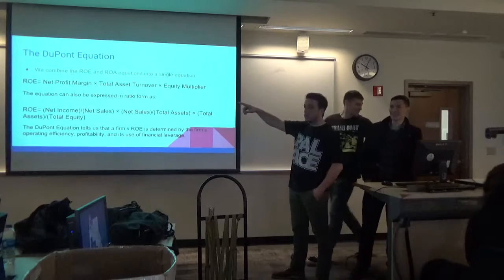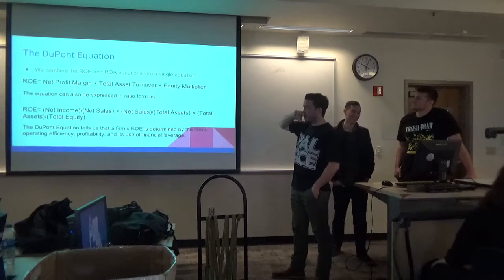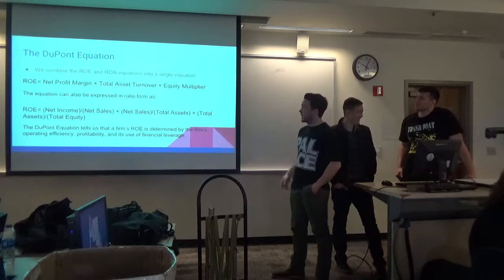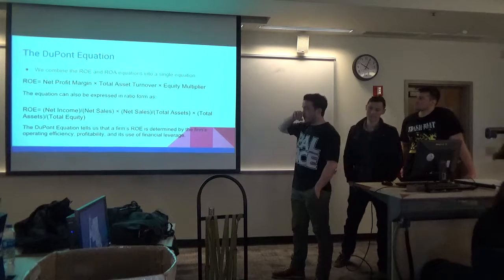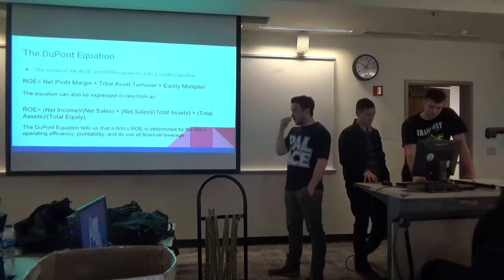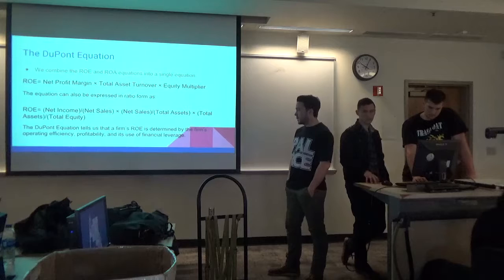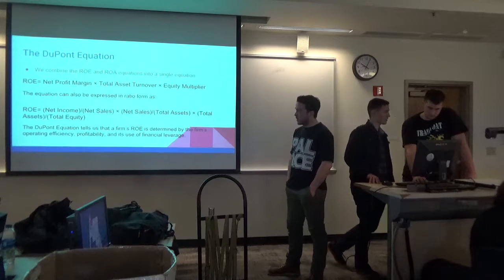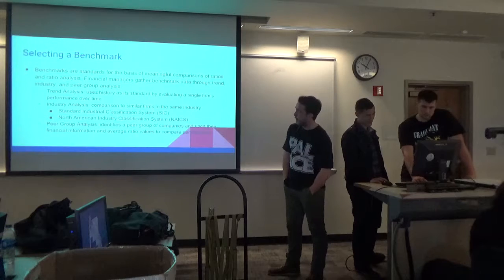ROE equals net profit margin times total asset turnover times the equity multiplier. You can also express that in a ratio form listed here. The DuPont equation basically tells us that a firm's ROE is determined by the firm's operating efficiency, profitability, and its use of financial leverage.